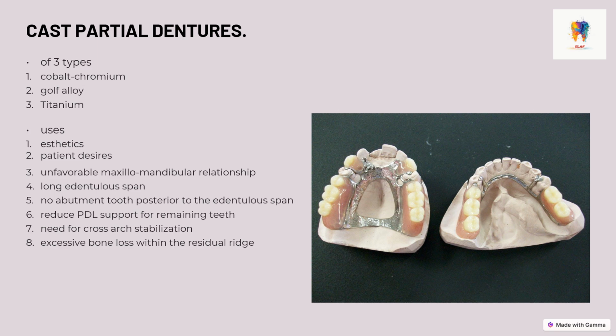If such a condition arises in the oral cavity of the patient, you can also give cast partial dentures. Need for cross arch stabilization or excessive bone loss within the residual ridge. So these are some indications of cast partial dentures.